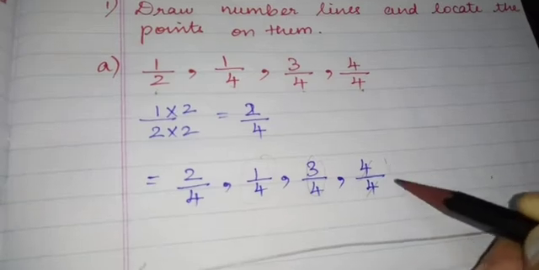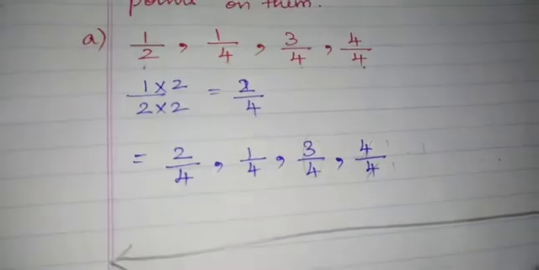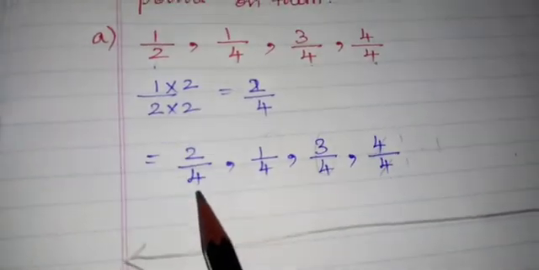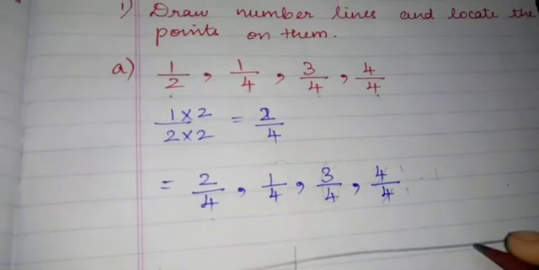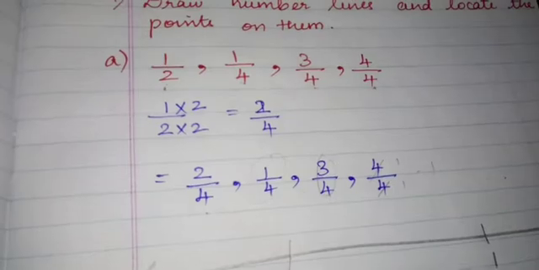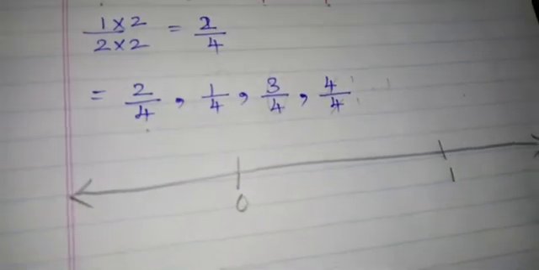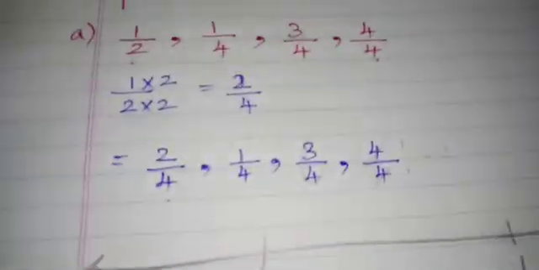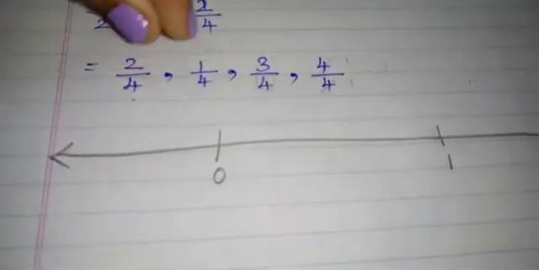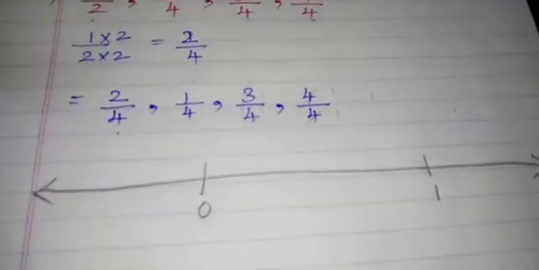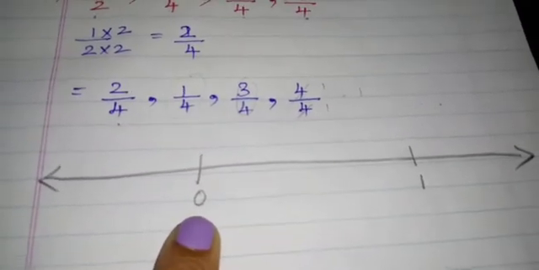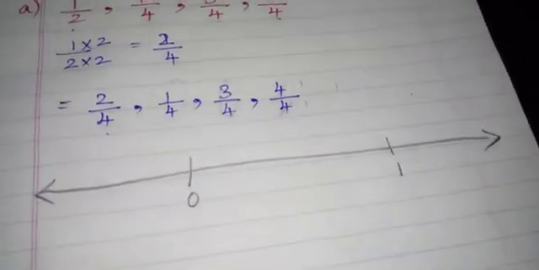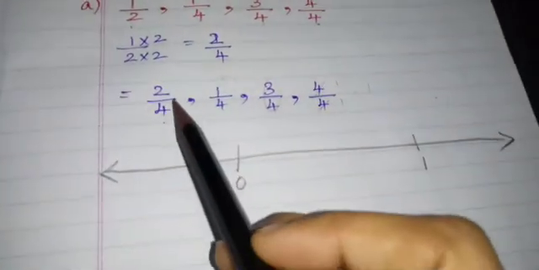If you cancel this, 1 by 1 is 1, so it is the value 1. 2 by 4 is also less than 1. So obviously this lies between 0 and 1. First you should get confirmation of which values it is lying between. Now I got the confirmation that it lies between 0 and 1. So what is the remainder actually here?